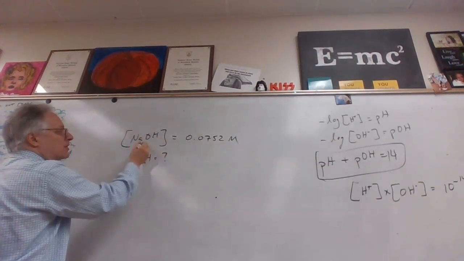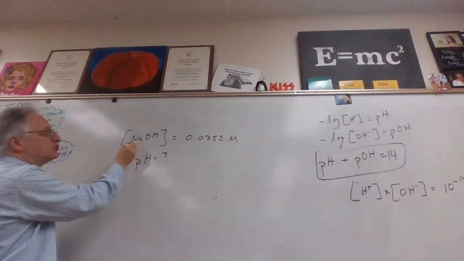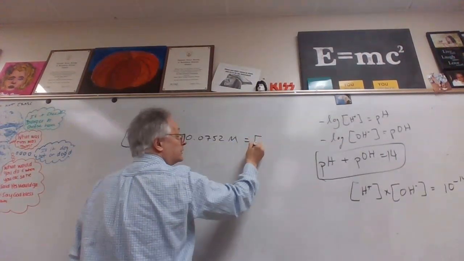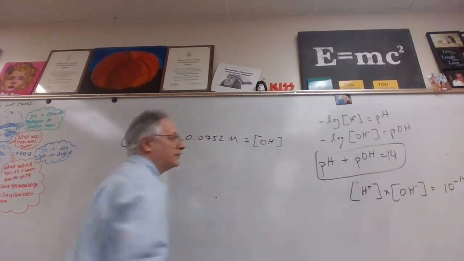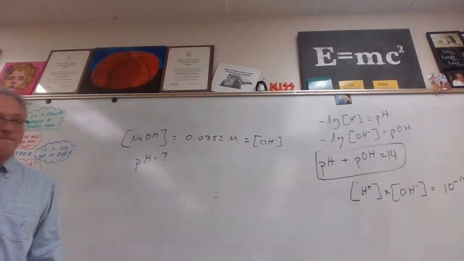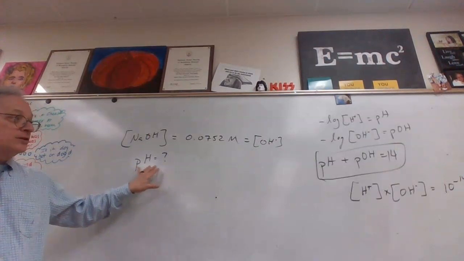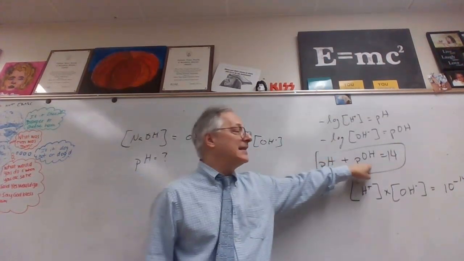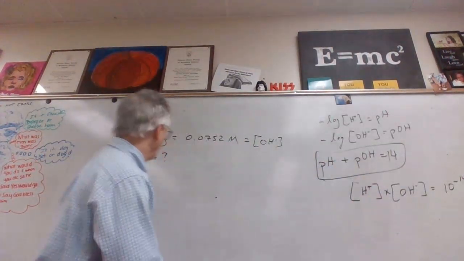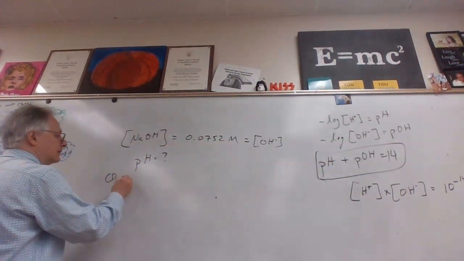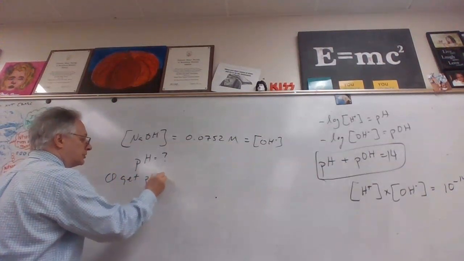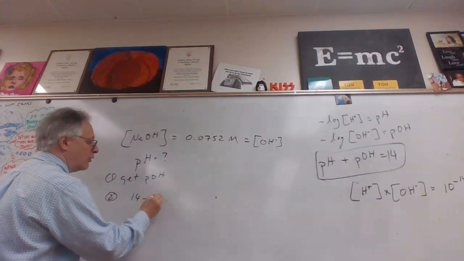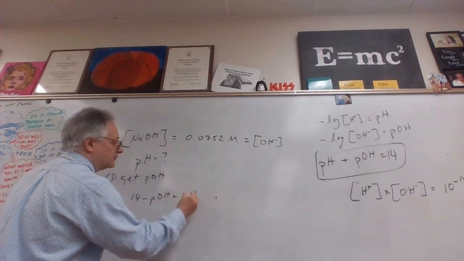Well, remember, this is a strong base, so if the concentration of sodium hydroxide is 0.0752 molar, that's also equal to the concentration of your hydroxide. Now, in order for us to get pH, we have OH. We need to get pOH first. So step number 1 for basic, get pOH, and then step 2, 14 minus pOH is equal to pH.